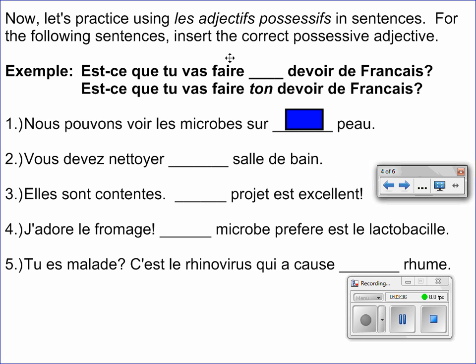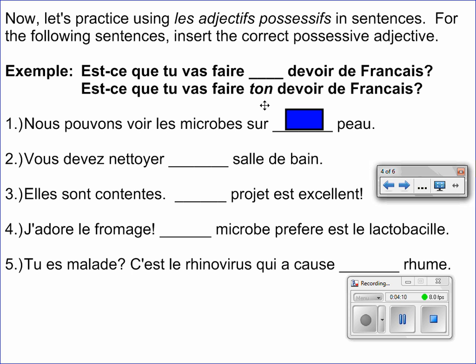Well, what I did was I looked at the sentence and I read the word tu. So I said, okay, so we're talking about one person, you. So going back to my chart, I see that when it's tu and the object that we're talking about is masculine and singular, we use ton.